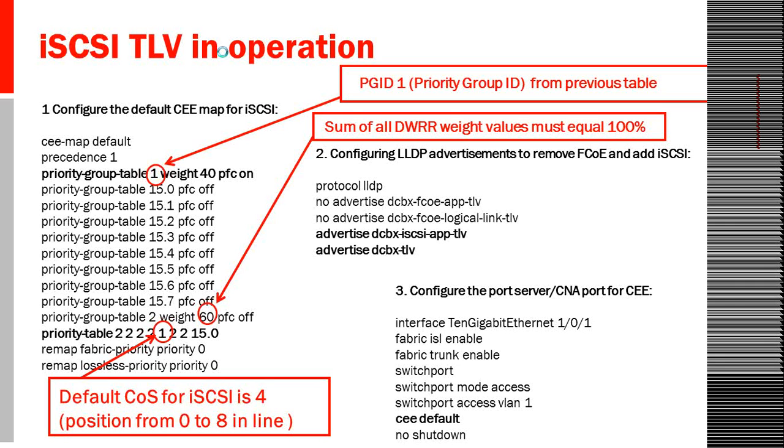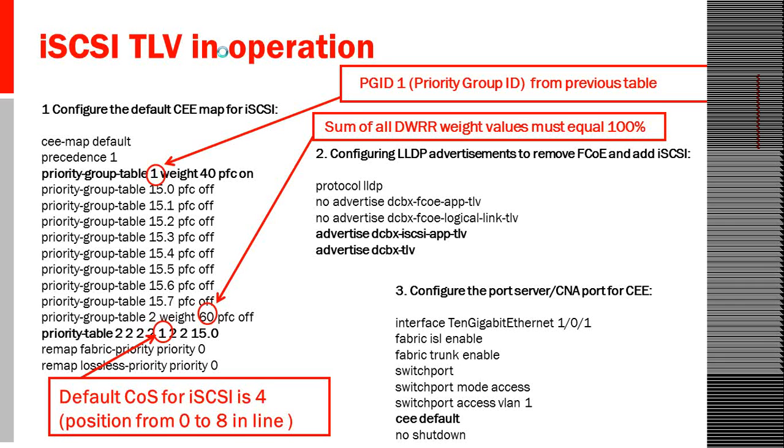You can see in part 2 there that we've configured LLDP, as I said. We've removed FCoE because I think that's in the default setting for VDXs, and we've instead advertised 2 parameters there, the DCBX iSCSI app TLV and the DCBX TLV as well. So this is what will instruct the NIC card, the driver, to actually advertise and then accept the iSCSI TLV and interpret that type length variable, and invoke lossless Ethernet.